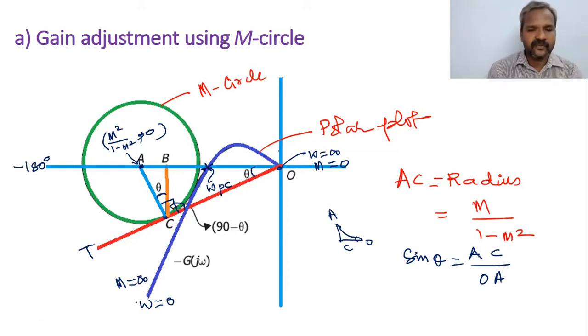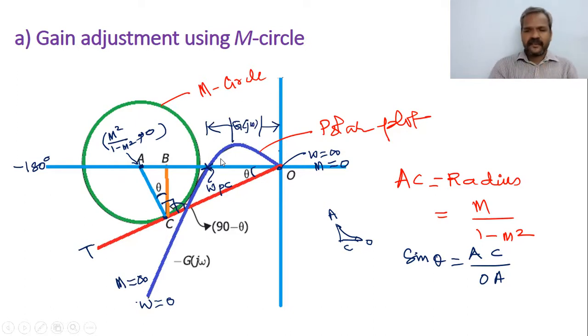So the magnitude corresponding to the omega PC will be this distance. This is the magnitude of G(j omega) at omega. Understand?